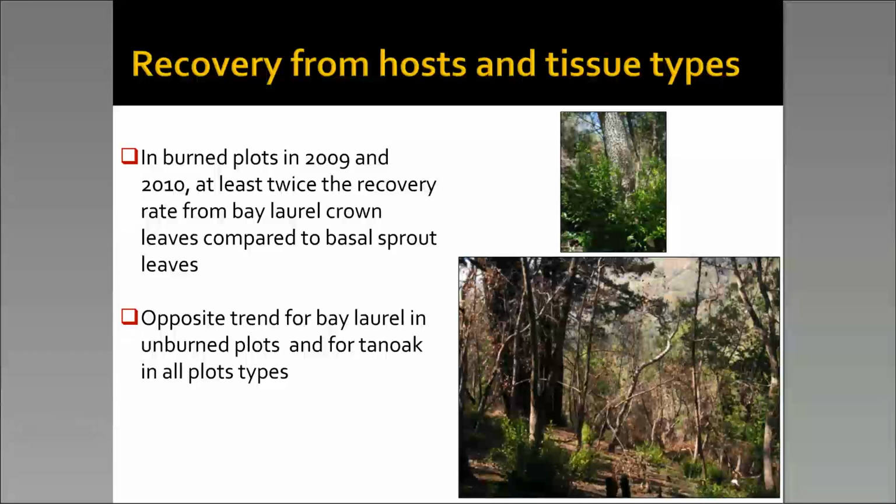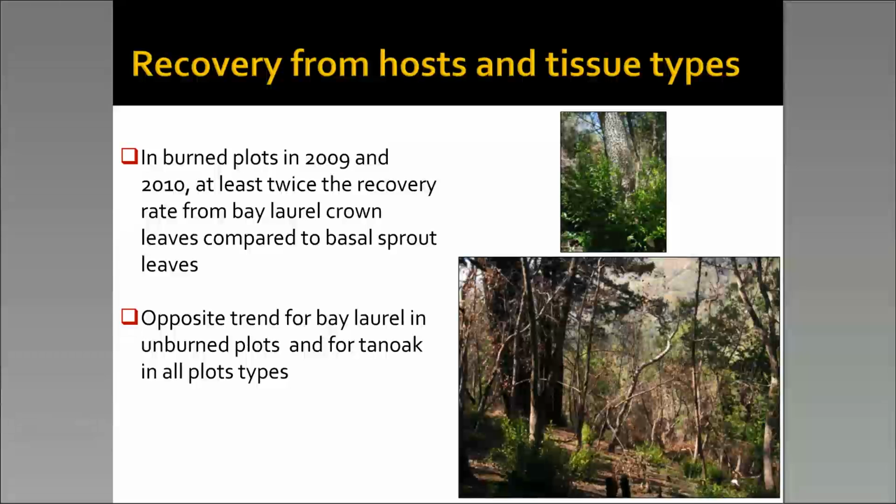And we were very careful to note when we took samples where that vegetation was from, whether it was post-fire regeneration growth, or whether it was likely crown growth that had been on the tree probably at the time of the fire. It's important to remember that bays and tan oaks are evergreen trees.